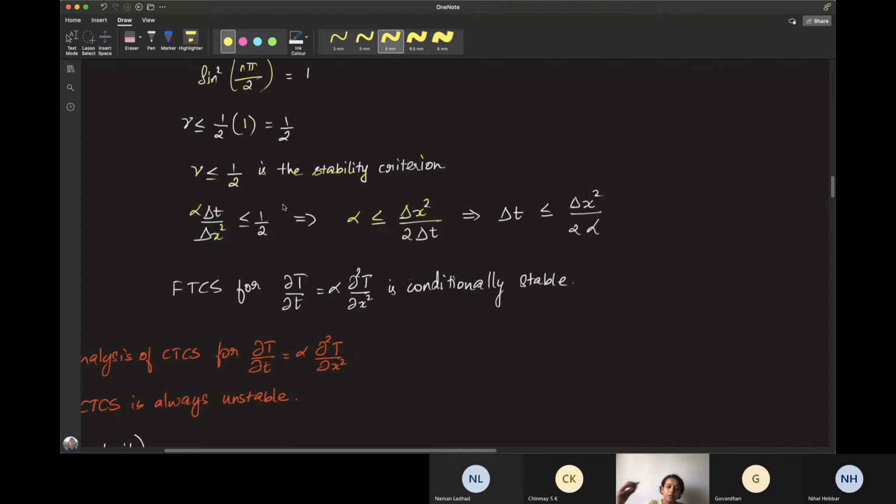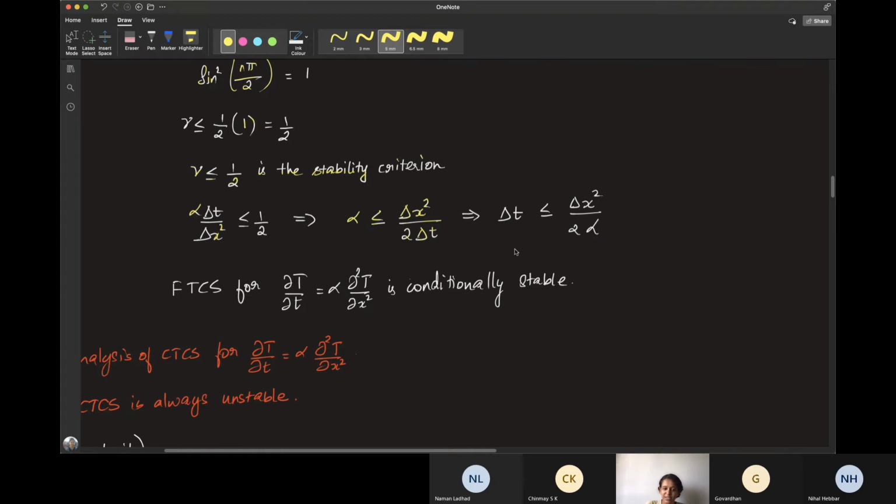So if we just fix delta t and delta x, we cannot have any alpha. Alpha is something that is given. We cannot fix alpha. So we need to fix delta t or delta x based on alpha, and not alpha based on delta t and delta x.